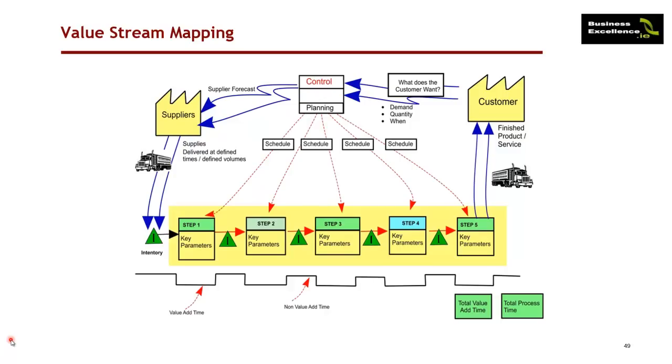As previously discussed, the customer is on the top right hand side. They identify their requirement. The controlling or the planning function then takes that requirement. They may need to go to their suppliers to get resources. When those resources arrive at their process, it goes through a series of steps. At the output of the last step, the product is delivered to the customer.